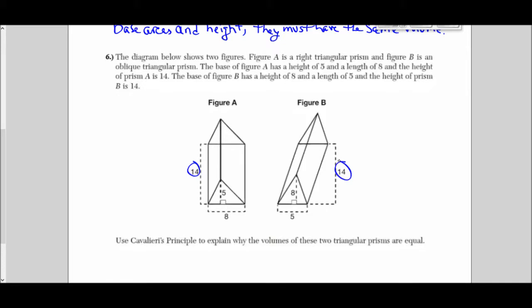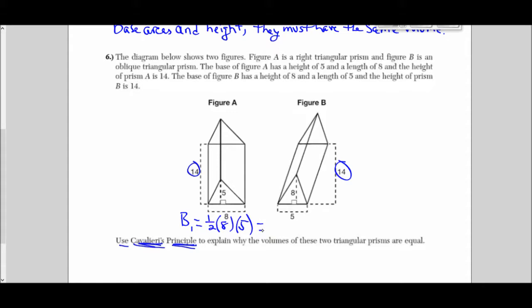It says to use Cavalieri's principle to explain. So in your explanation, you're going to have this phrase, Cavalieri's principle. But first, like the last one, we know the heights are the same, so let's calculate the area of each base.